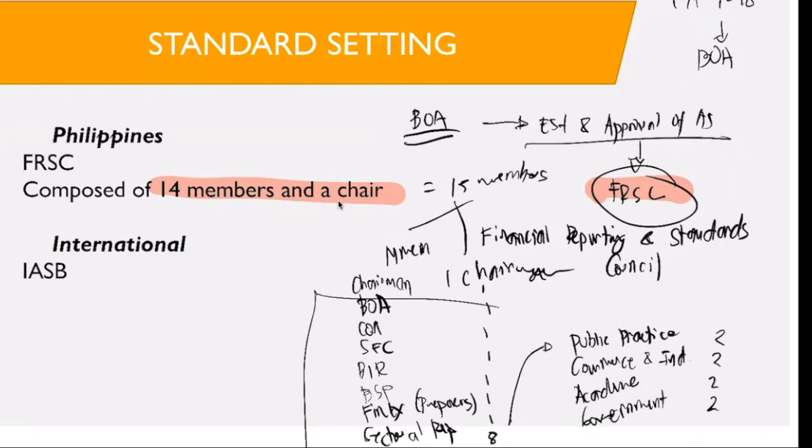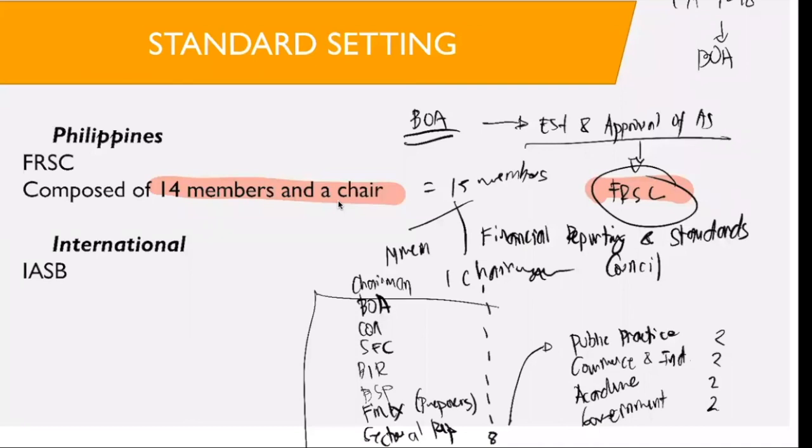Okay, so what is the main task of your FRSC? That is to establish and approve accounting standards. Now, this will be headed by a chair and composed of 14 members. So please take note of the 14 members and the chairman. Okay, so that is your FRSC. So in the Philippines, what is the standard setting body?